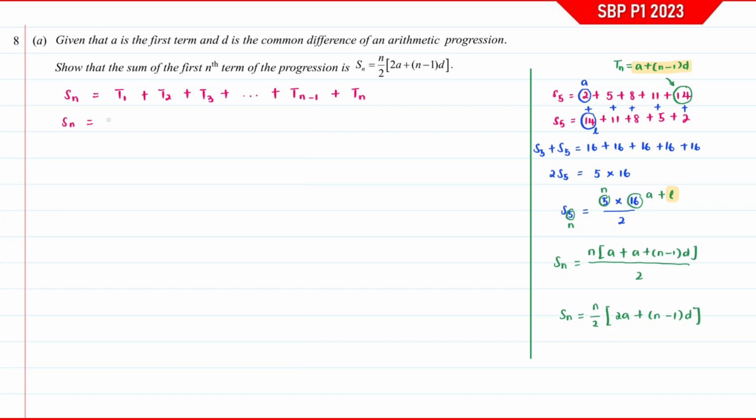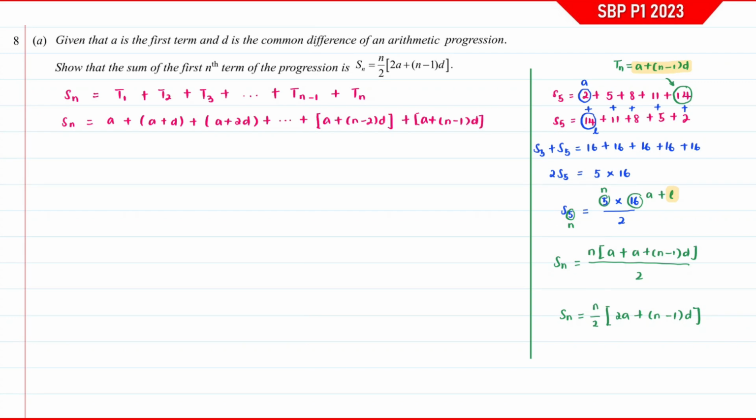Here the T1 we can represent as a, T2 as a plus d, T3 as a plus 2d, and the second last term as a plus (n minus 2)d. And the last term will be a plus (n minus 1)d.